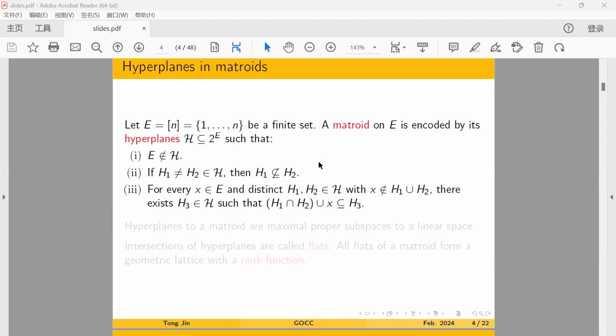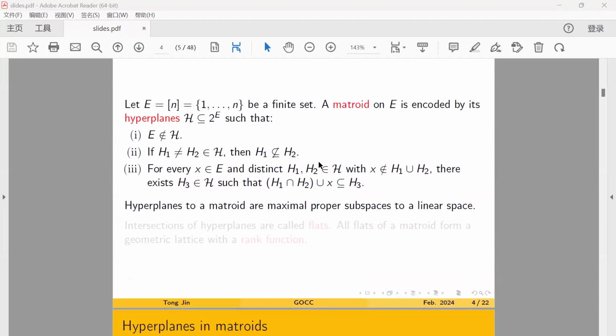Or if you like linear algebra, hyperplanes of a matroid are exactly the maximal proper subspaces of a linear space of the desired rank in, say, F to the n, with n equal to the number of elements in the ground set.